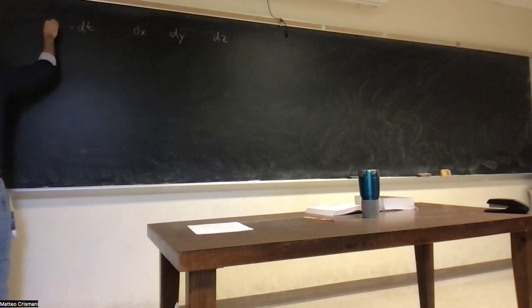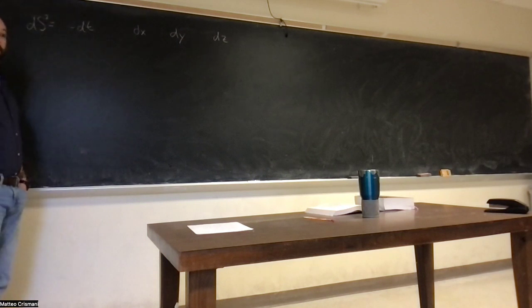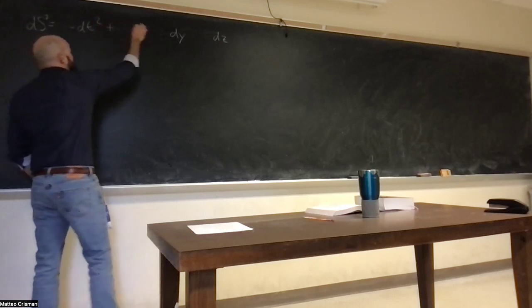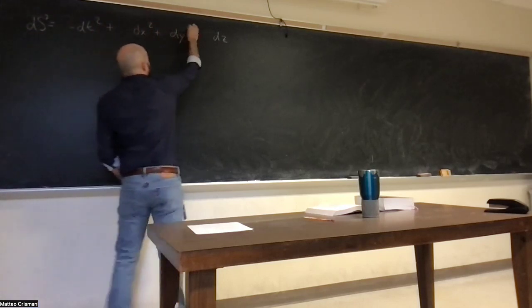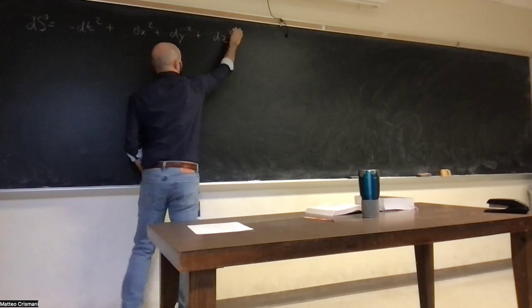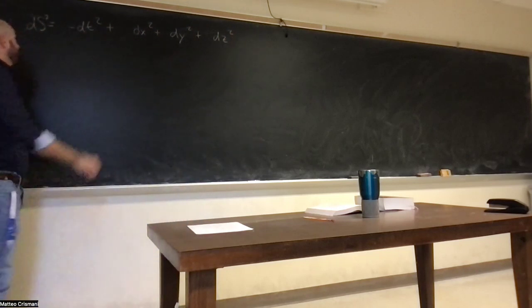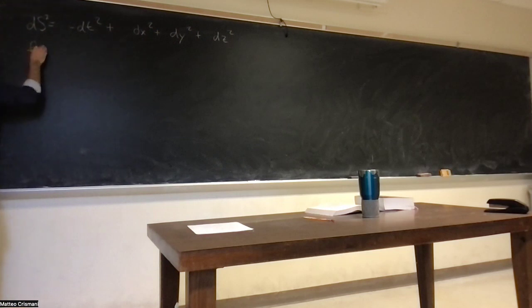Okay, and if I want to know how long a piece of space-time is, you add them, square them in, you square them in. Good. That's called adding in quadrature. Just in case you need more fun terms today. Okay, so this is what? This is flat.